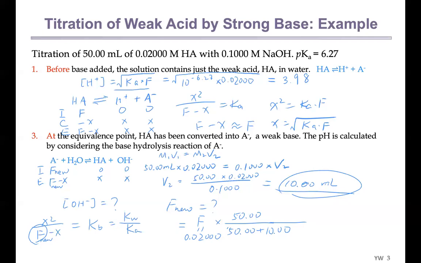And then you will calculate your OH minus based on the square root of 0.02000 times 50/60 multiplied by Kb, which is 10 to the negative 14 divided by 10 to the negative 6.27. Right?